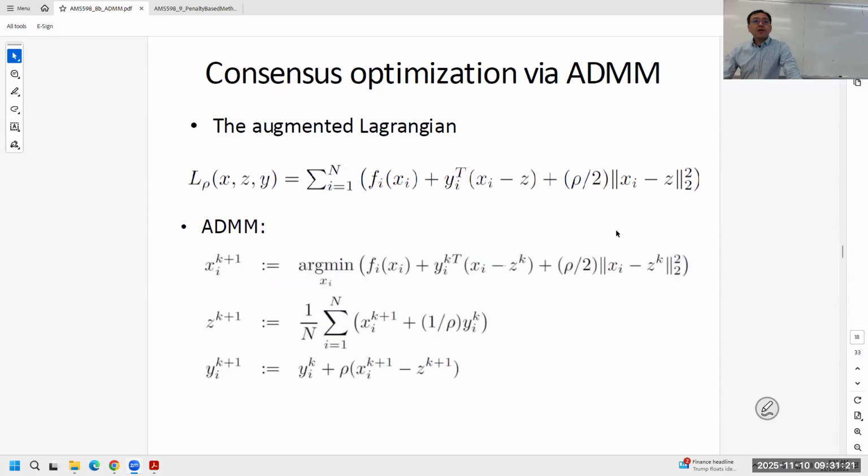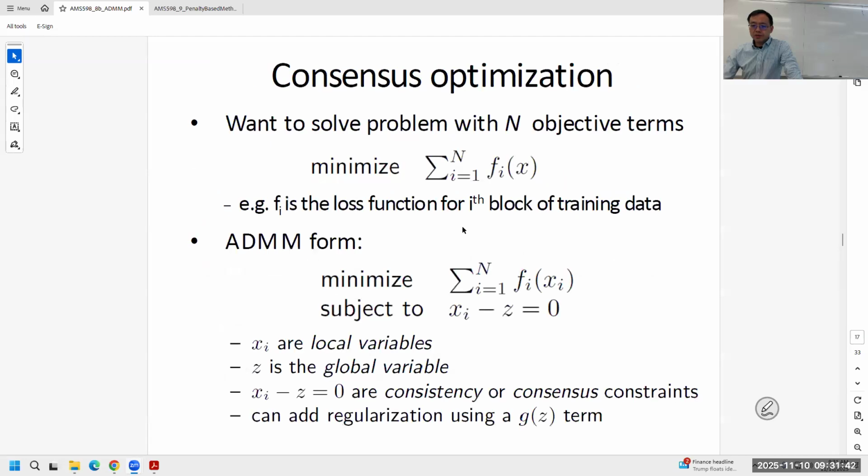As I explained, the ADMM can help with parallelized computation, even when your target function f is not separable. Now it's based on two results.